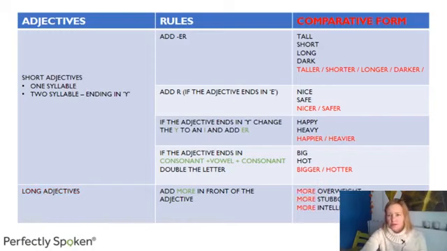So here's an example: more overweight, more stubborn, more intelligent. Okay, notice here stubborn is an adjective with two syllables, but it does not end in Y. So we use more, okay? Not stubborner. No, that doesn't exist.